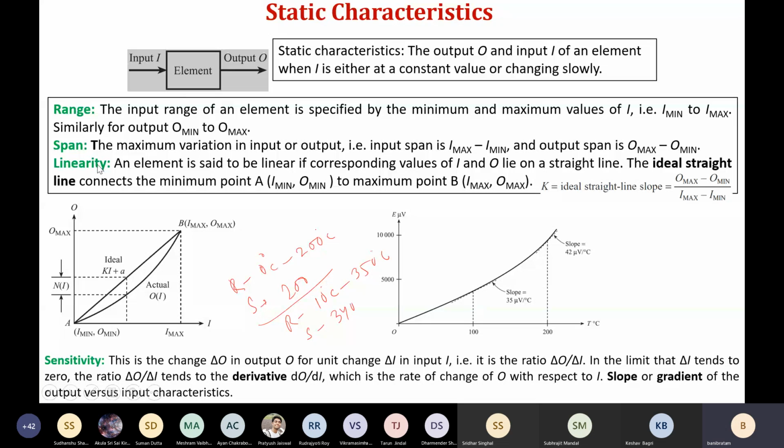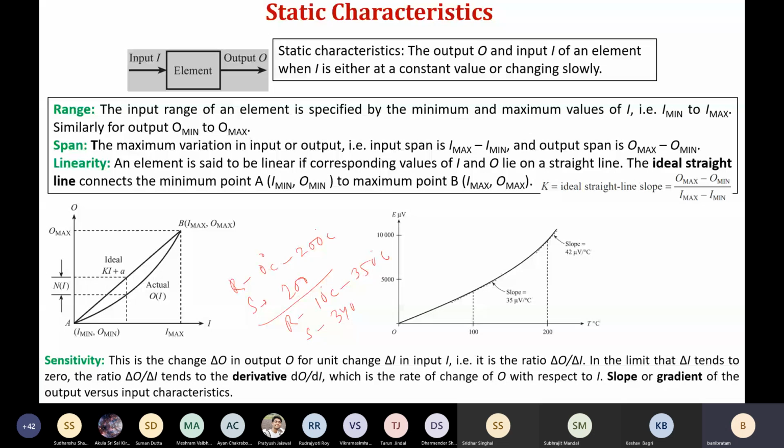Next we have linearity. What does it mean? If you plot your output-input characteristics and change your input, then see how the output varies. If it varies linearly, then we call the sensor characteristic linear. If it does not vary linearly, if it varies in some exponential or polynomial fashion, then we call the sensor nonlinear, right?